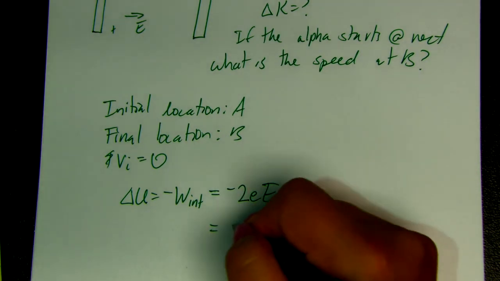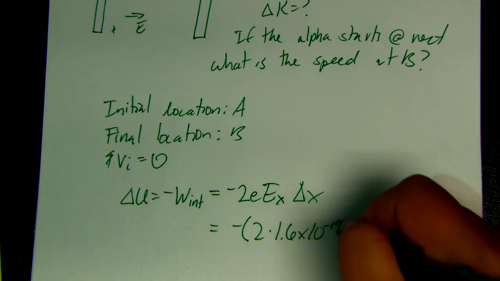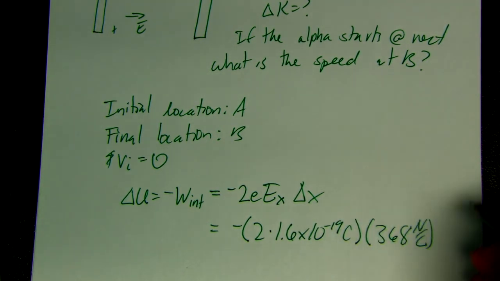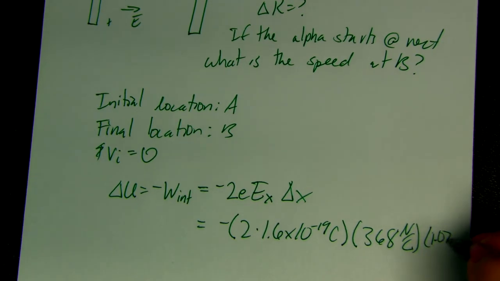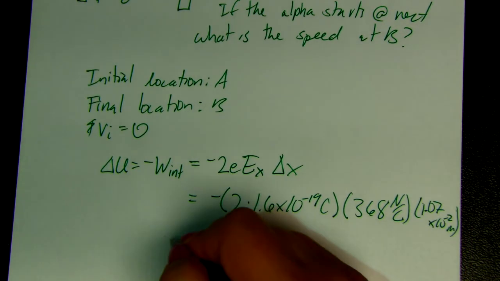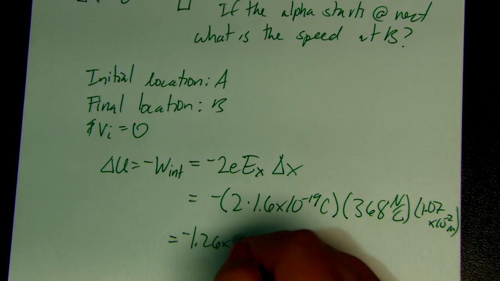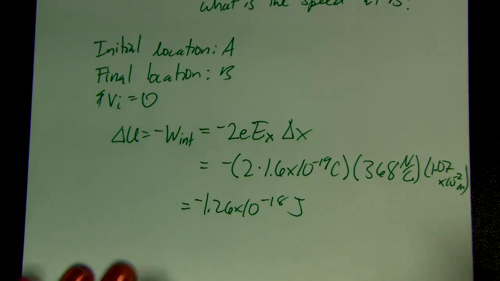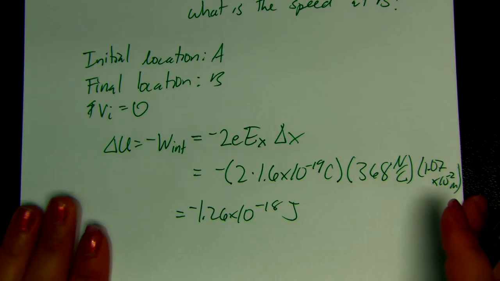So this is equal to minus 2 times 1.6 times 10 to the minus 19 coulombs times 368 newtons per coulomb times 1.07 times 10 to the minus 2 meters. And this is equal to minus 1.26 times 10 to the minus 18 joules, which is making sense. We would expect that it would accelerate towards that negative plate.